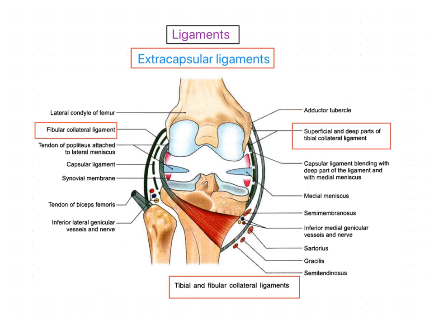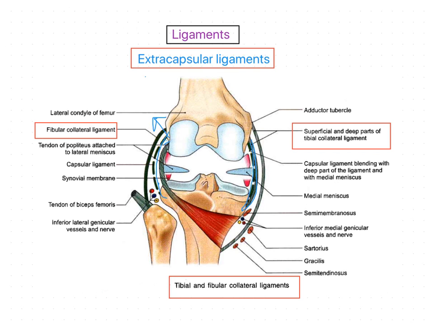So now we have seen the capsular ligament; these dotted lines are the capsular ligament. The ligaments which are present outside the capsular ligament are called extracapsular ligaments.